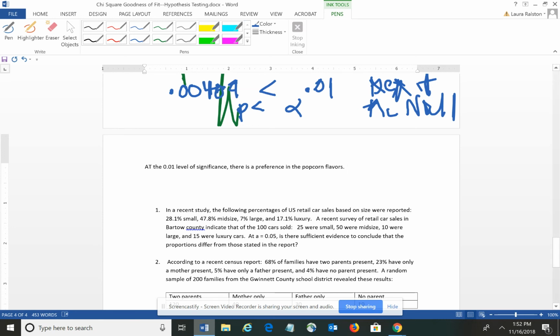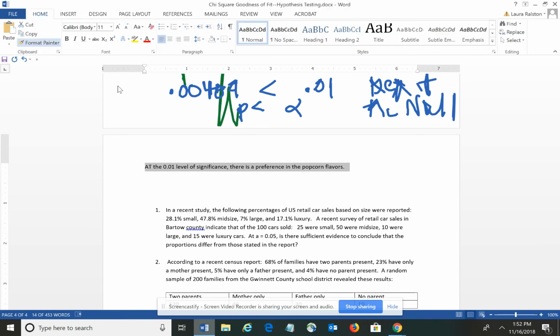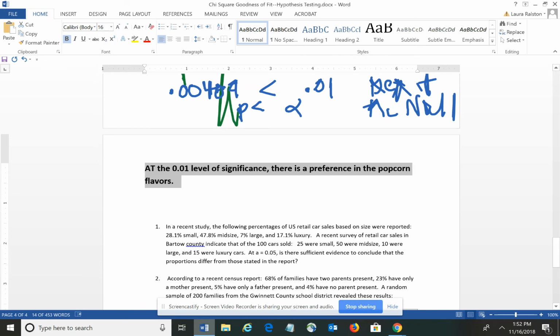Okay, and that's enough to say. That gets us our conclusion. At the 0.01 level of significance there is a preference in the popcorn flavors. A little messy, but hopefully you get the gist.